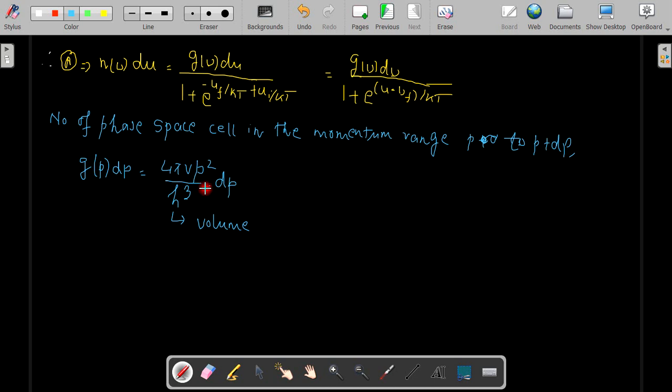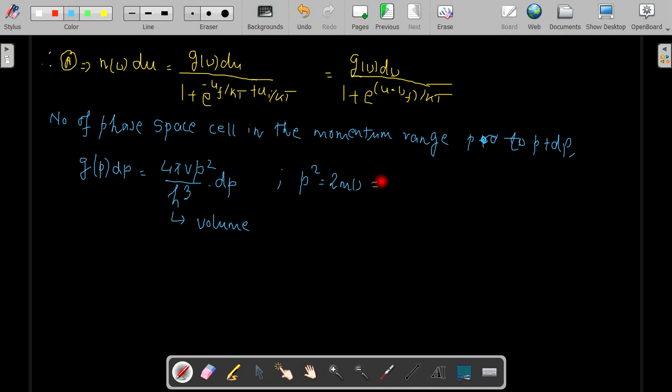This is the result that we are going to actually use, but this is g(u) du and not g(p) dp, so we have to write all the terms in terms of u. We know u is nothing but the energy, and we know the u and p relation, that p squared is equal to 2m into energy. Energy I am denoting by u, so let me not change the notation right now.